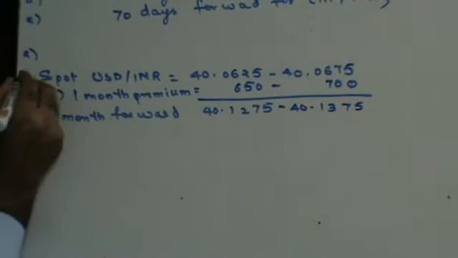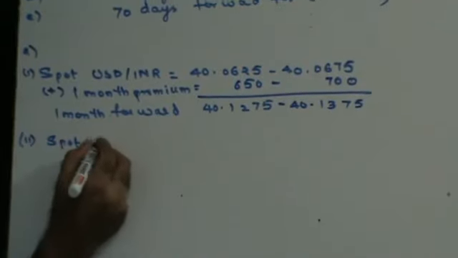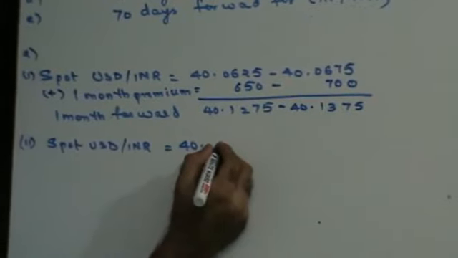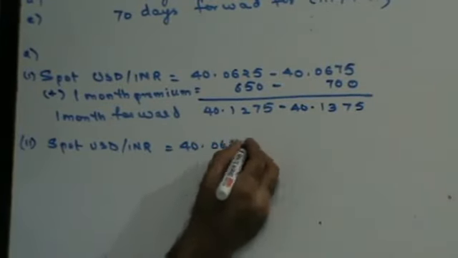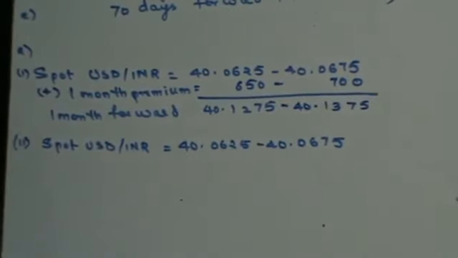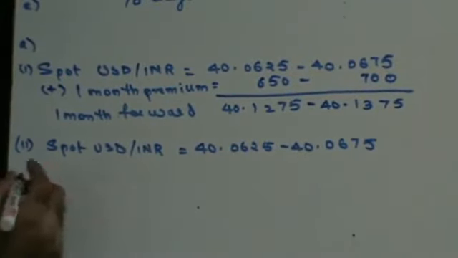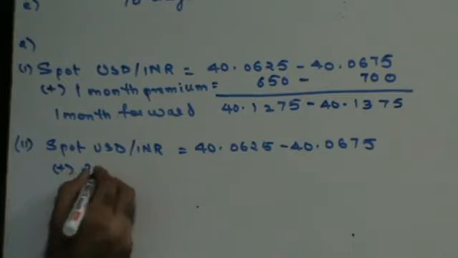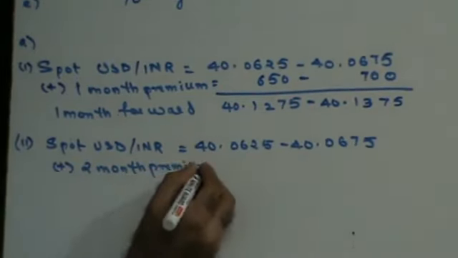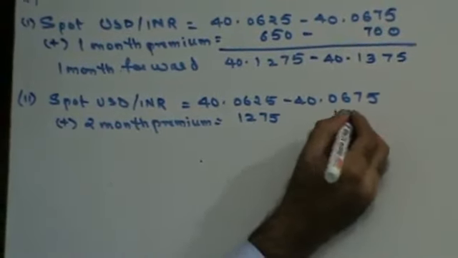Next, similarly, I can now find out 2 months forward. How do I do that? Spot USD INR is 40.0625, 40.0675. Since the swap points are given to you in ascending order, that means it is premium, and 2 months premium is 1275, 1325.